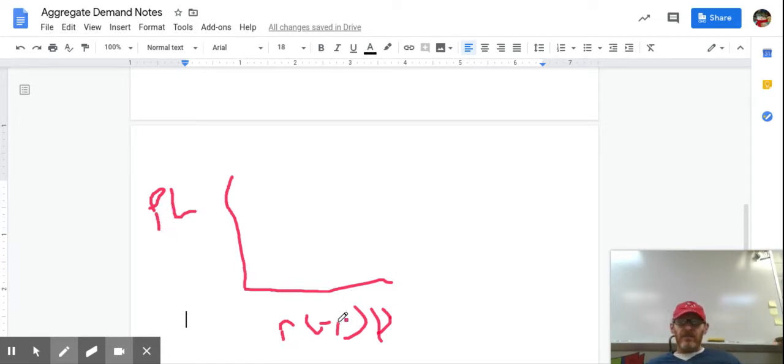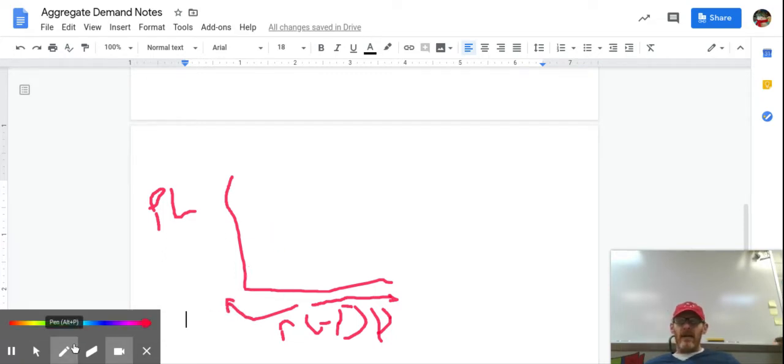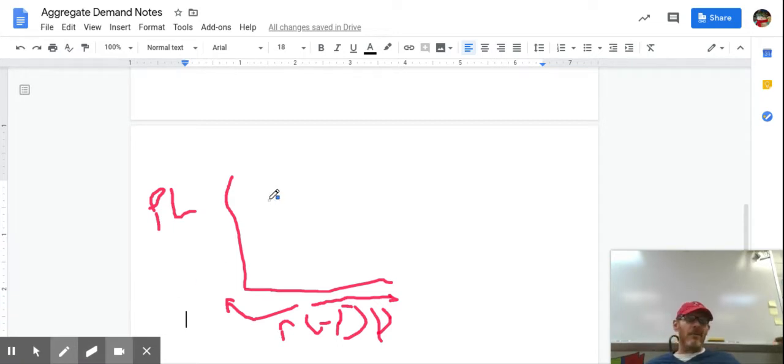And what this means also is the further we move to the right, the more stuff we make, the more GDP we make, the less unemployment we're going to have, right? So the more stuff we make, we're going to need more people to make it, so unemployment goes down. The less we make, the less our GDP, the further to the left, then we're going to be having to make less stuff, which means our GDP goes down, which means our unemployment goes up. So on this graph, you can see we're going to be talking about price level, GDP, and unemployment.